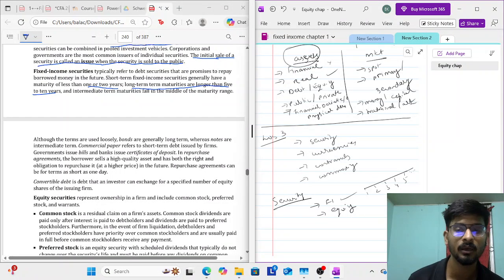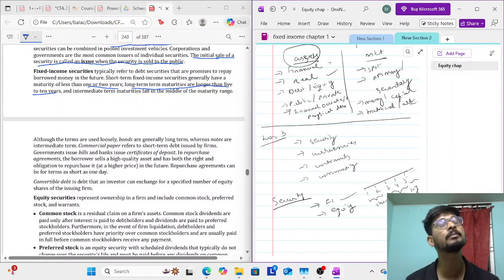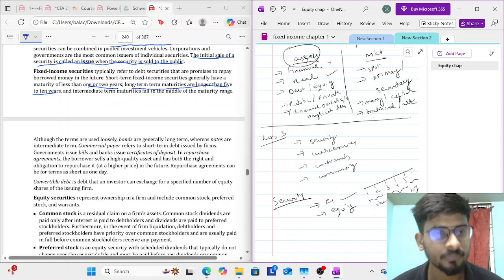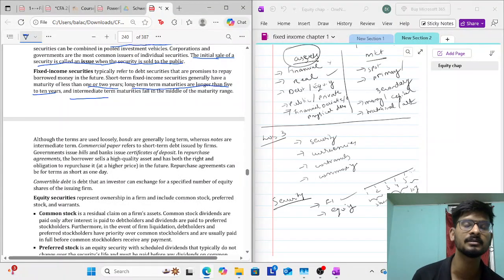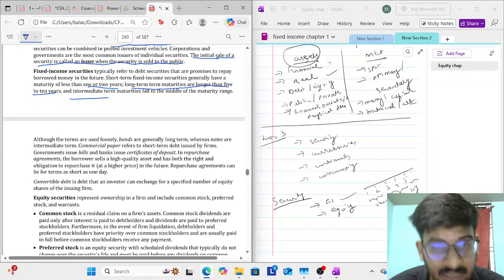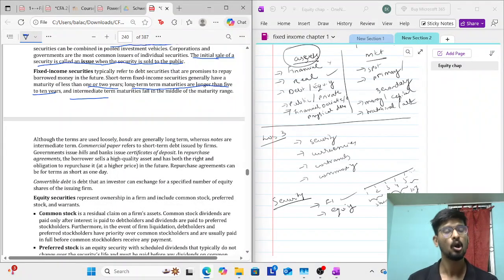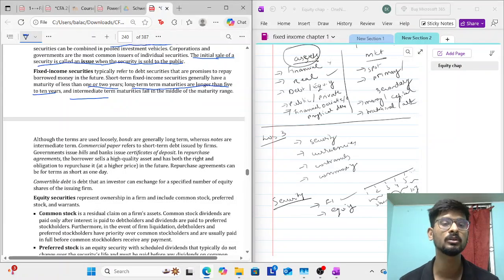So 1 to 2 is short, 3 to 4 is intermediate, and 5 onwards is long-term fixed income security. We have to learn these jargons. Long term is not 1 year, it's 5 years. Short term is 2 years.